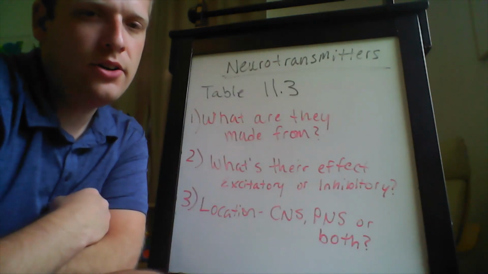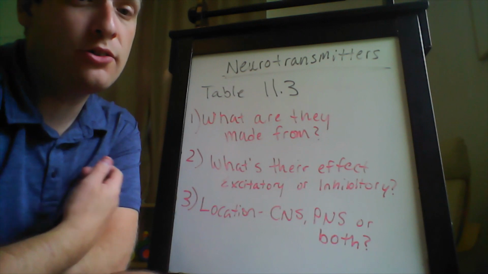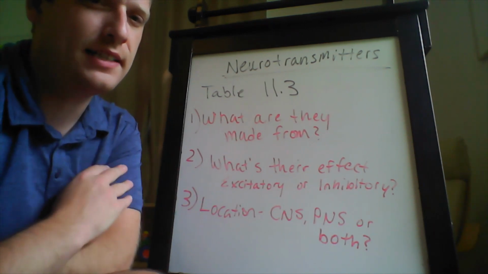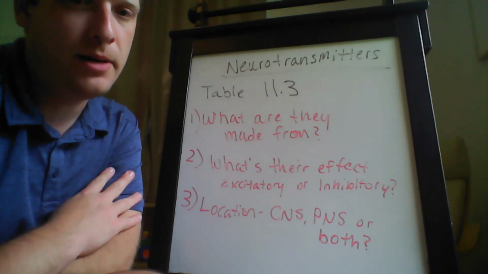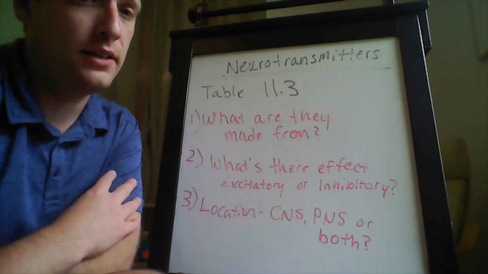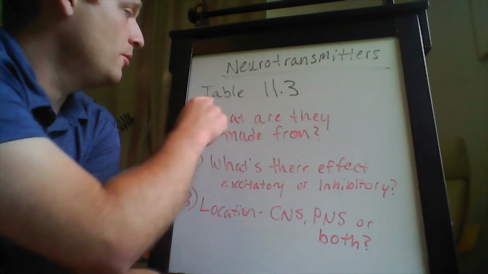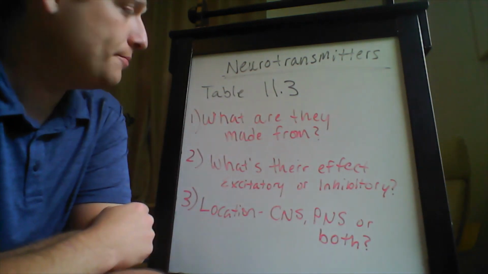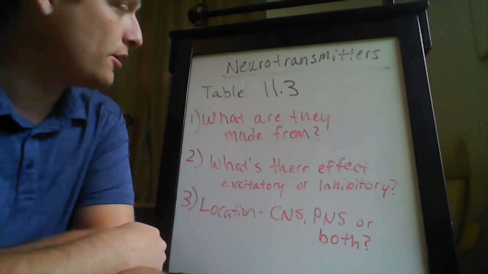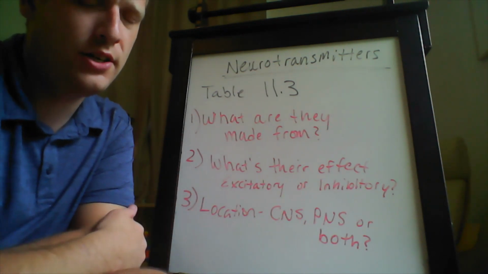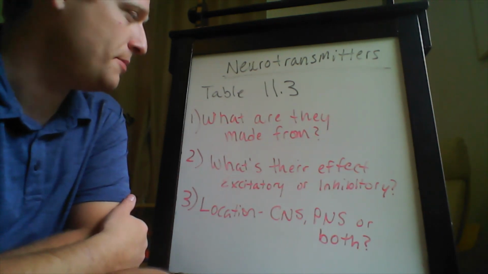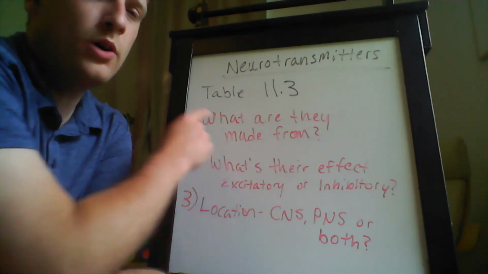So I would like you to know some general information about specific types of neurotransmitters. There's a really good summary of this information in your book in Chapter 11, Table 11.3, on page 414. Basically what I want you to know about the different types of neurotransmitters is, first, what are they made from?